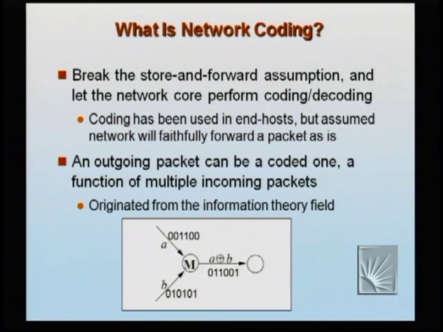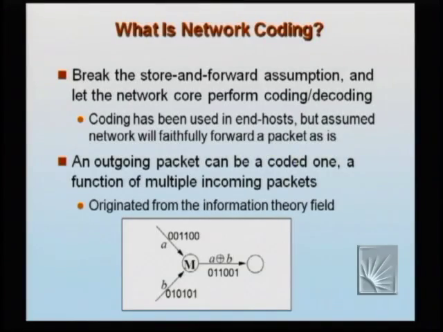We know some coding and decoding techniques, right? For example, we can have some forward error correction technique used by end hosts, but that is done by the end hosts only. The network itself will just faithfully forward the packet as it is.